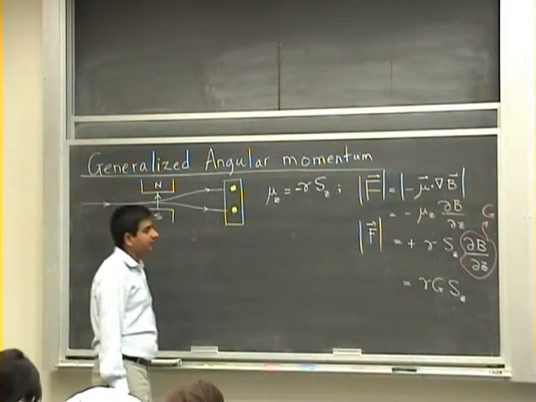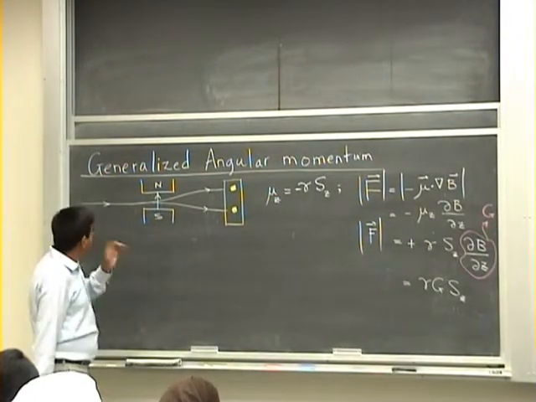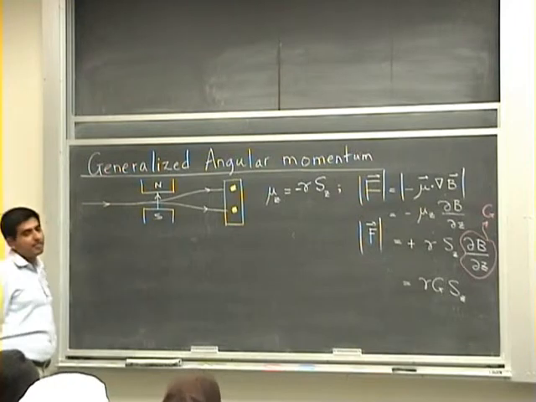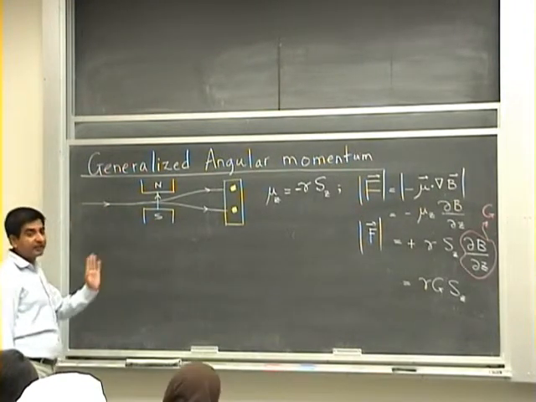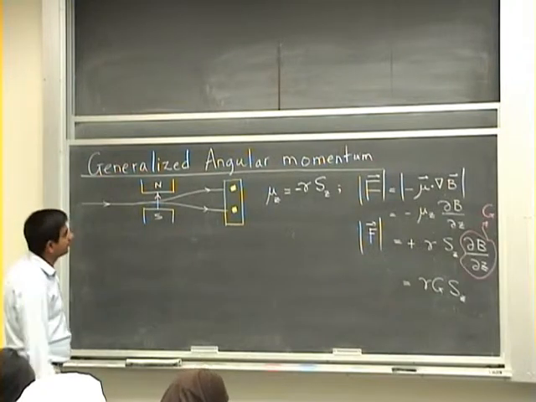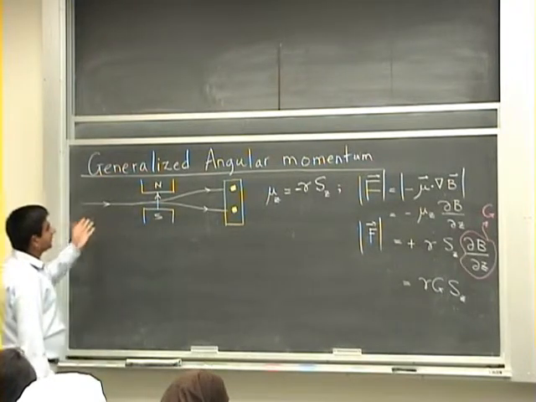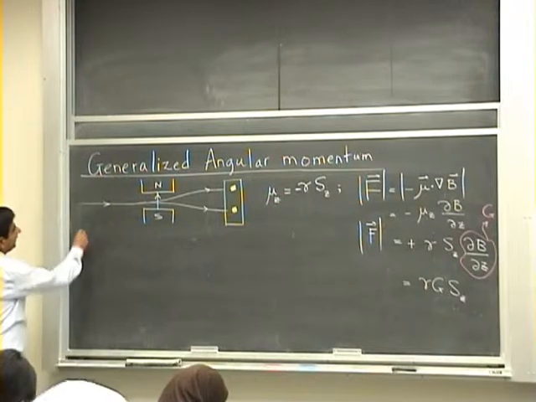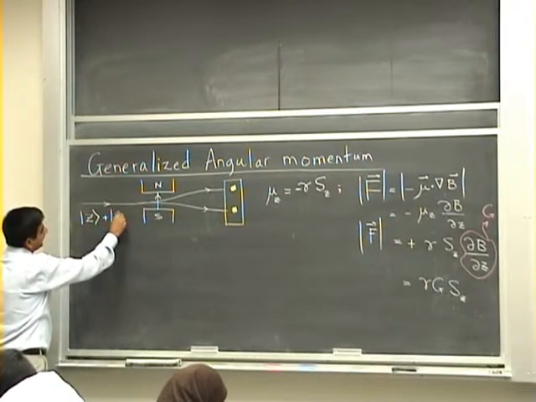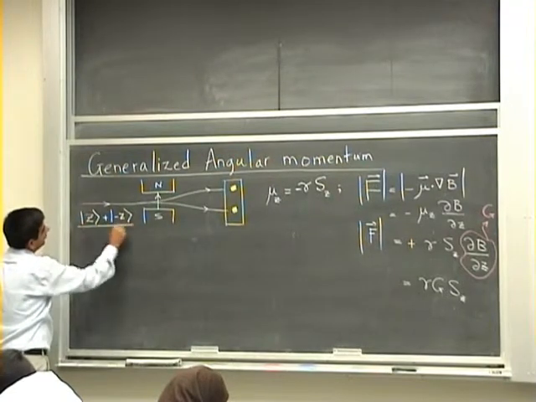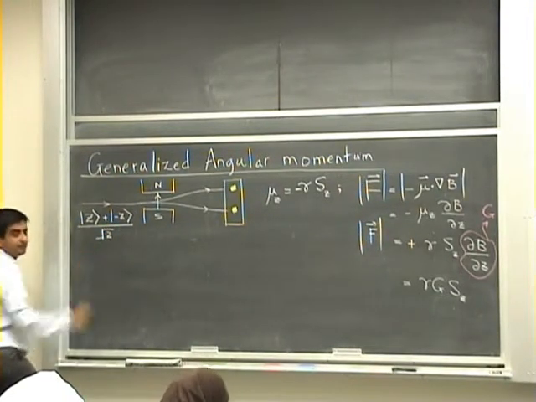How do we know that? Because if we input a certain quantum state, and our relevant degree of freedom is the spin of the electron, suppose the state that we input is ket plus z plus ket minus z over root 2.